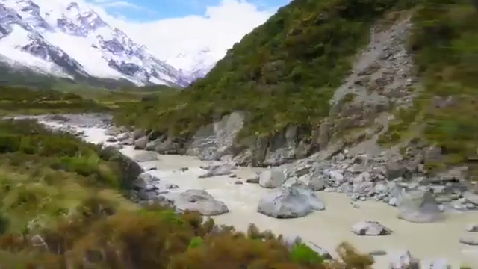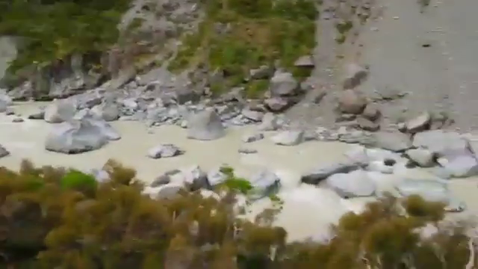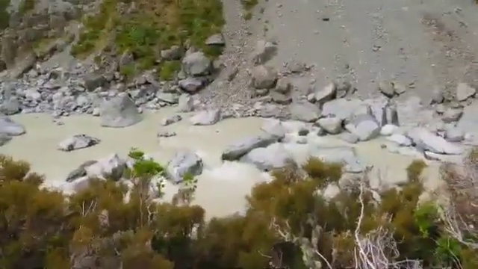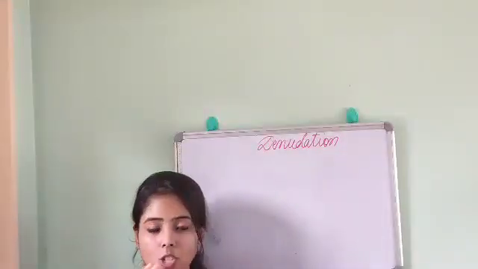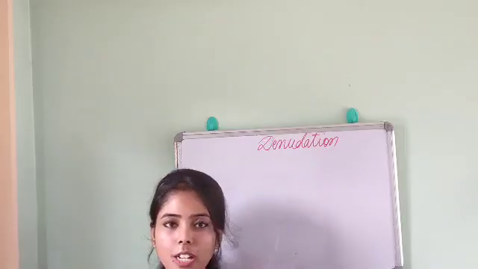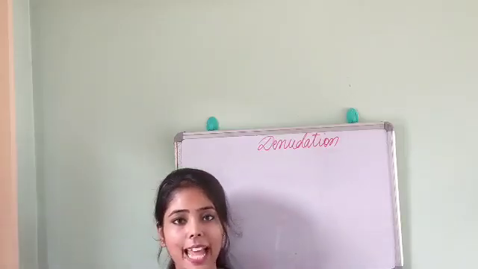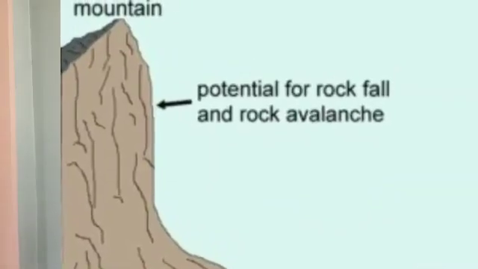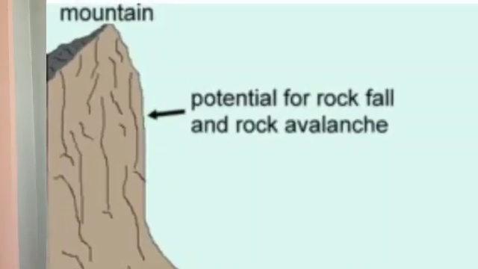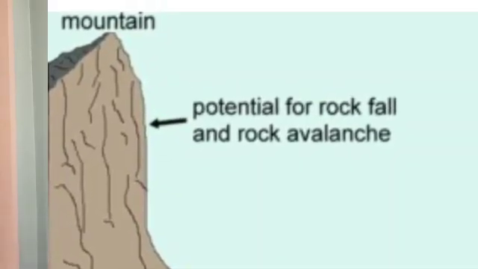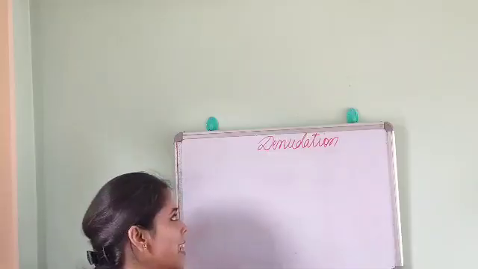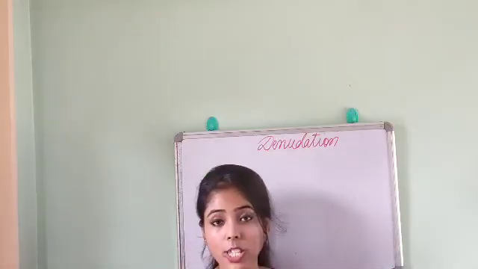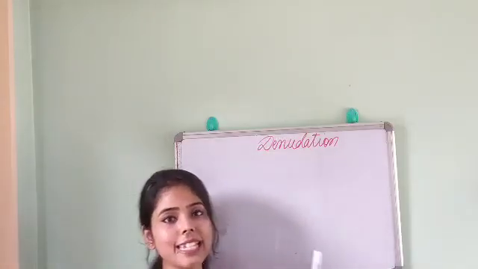So due to gravitational attraction, the particles generally slide down from the surface of the hilly region to the plain region. That is known as mass wasting. Though mass wasting is a very slow process, it takes a lot of time. So these are the basic processes that act behind denudation.